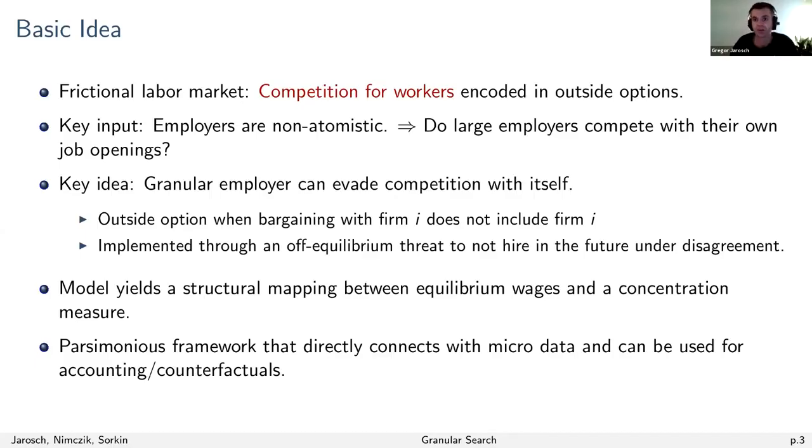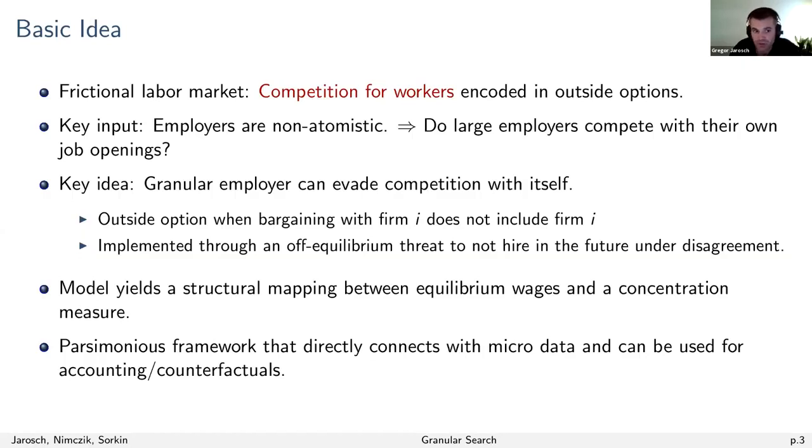And then we ask, do these large employers compete with their own job openings? We'll argue that being a big entity gives it a means to evade competition across the various jobs it has. That's the extent to which size will translate into a form of market power in the labor market.